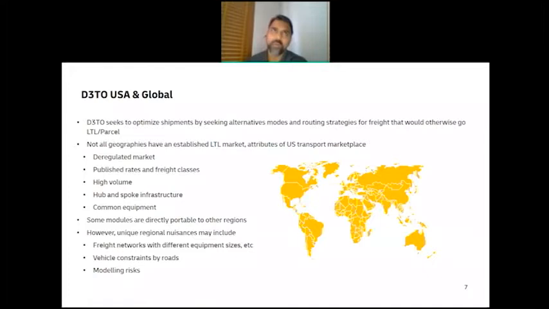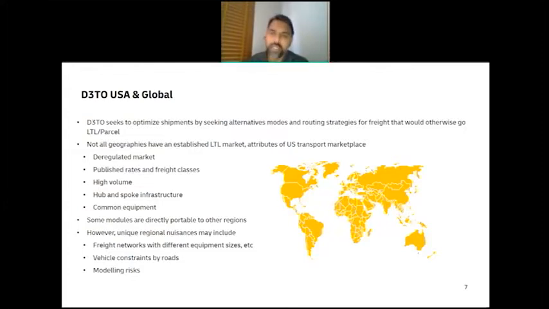This year, what we have also worked on and are getting really close to completion is a global version of D3TO, which will take into account these constraints of routing, which are your LTL, less than truckload shipment rates, your truckload rates, your determination of different vehicles, what vehicle types to use in what situation, your constraints based on different road types, time of the day, all those aspects, and other risks you may have based on weather and all those things.